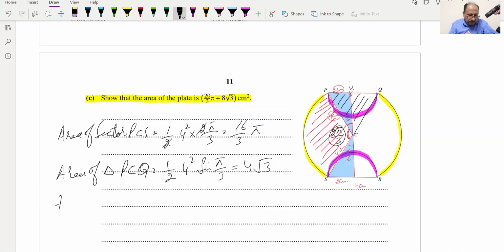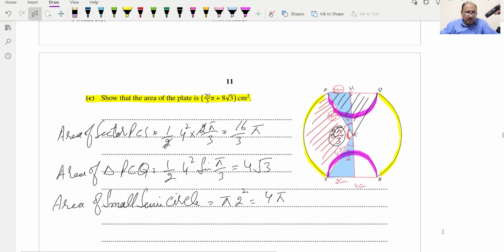So area of small semicircle, we can write that as pi r squared, and r is basically 2, which is equal to 4 pi.